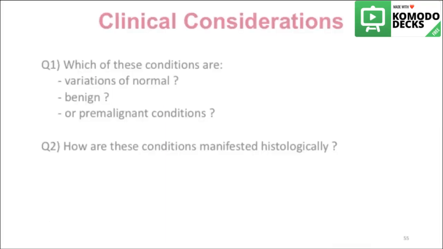From these clinical oral manifestations, you should be able to distinguish, firstly, which of these conditions are variations of normal, benign, or premalignant conditions. Secondly, how are these conditions manifested histologically, and which section of the histology that we studied is responsible for these oral manifestations.